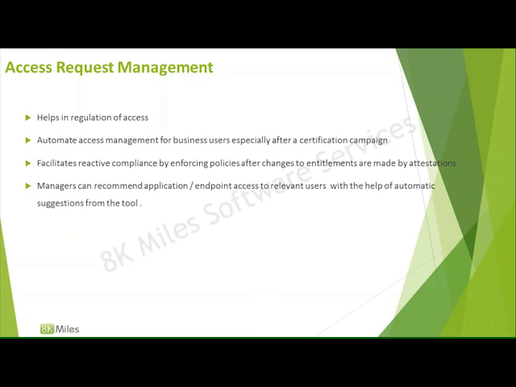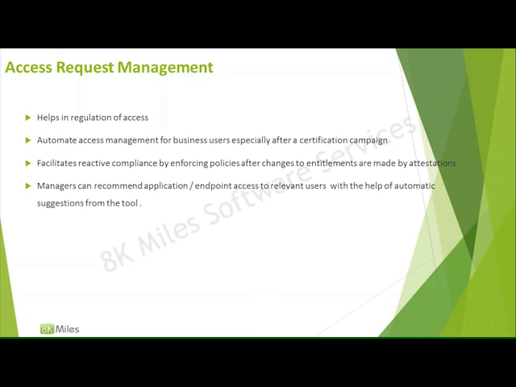Actually, lots of vendor products have this tool where managers are given some clues as to what access a particular employee should be having at a particular point of time, or is lacking at a particular point of time. For example, employee A, who has been in his organization for 6 years, sometimes what happens is he might not have a particular access to a key application because of an oversight.